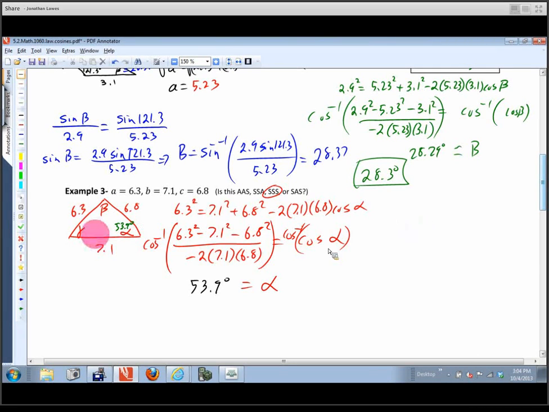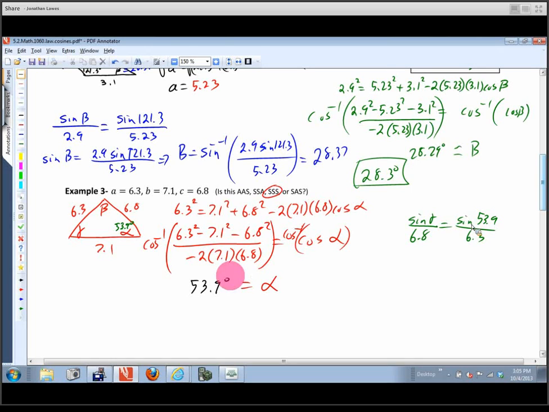I could say the sine of gamma over 6.8 should equal the sine of 53.9 over 6.3. And again, because this is a little bit bigger side, we'd be expecting an angle that's a little bit bigger than 53.9. So we could solve it that way.